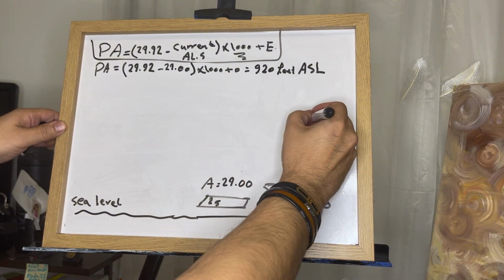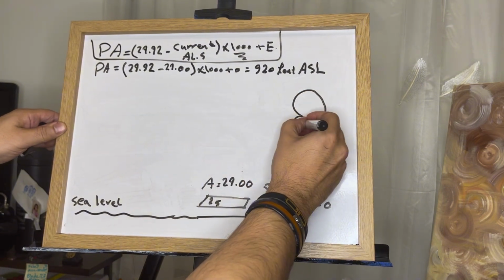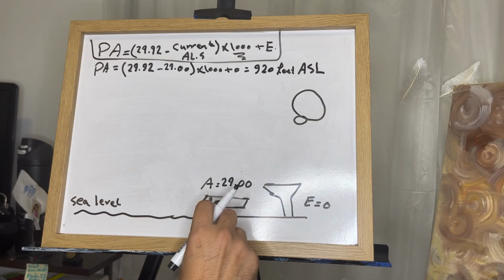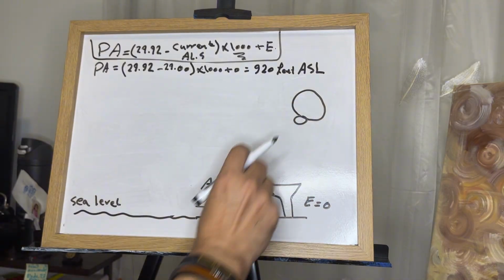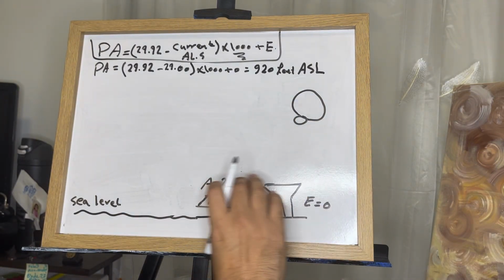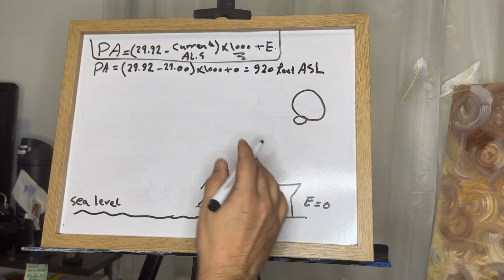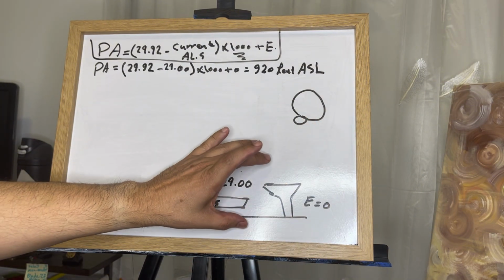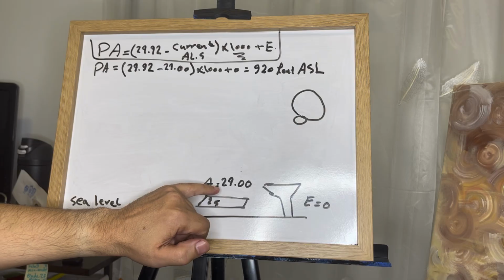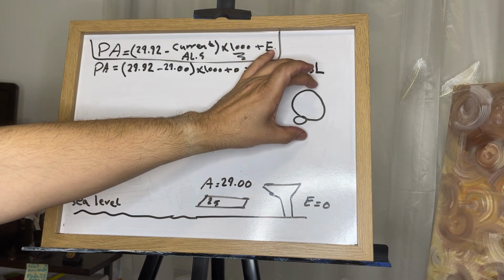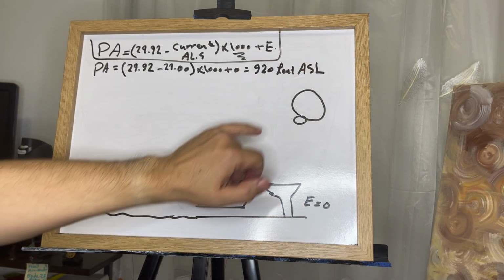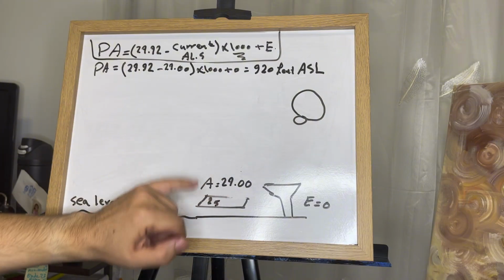How about this altimeter? When you set the altimeter by rotating it to 29.00 at the station on the ground, what altitude does the altimeter show? As I mentioned already, to read the correct height above sea level, you set the altimeter to local pressure.